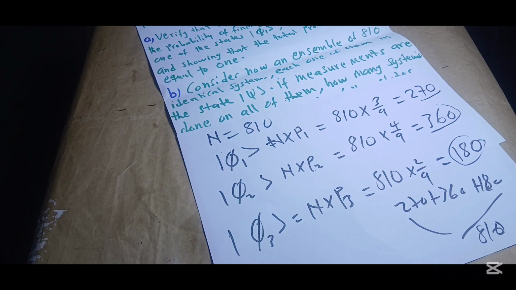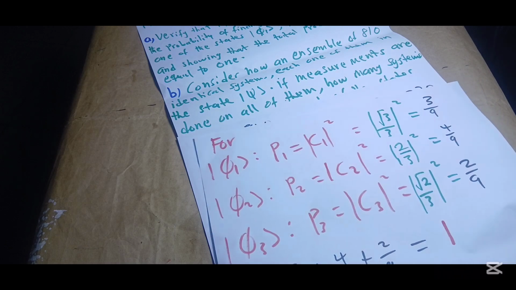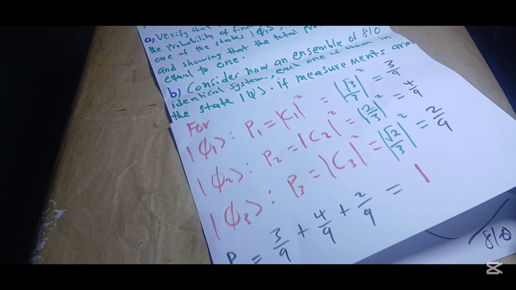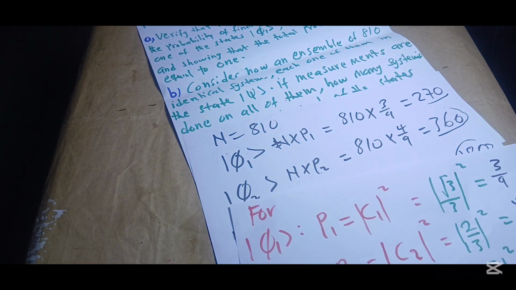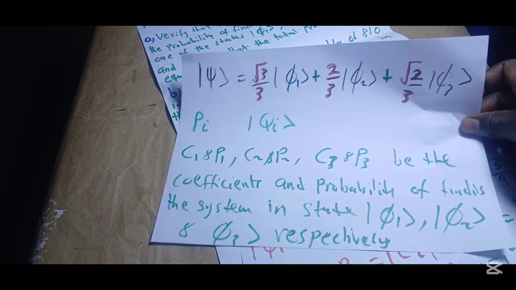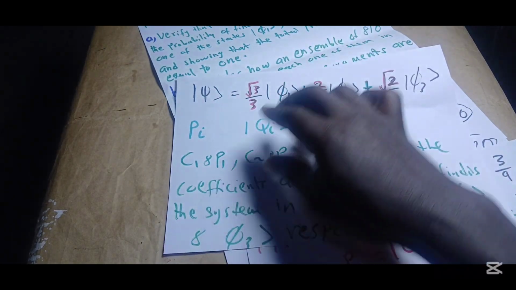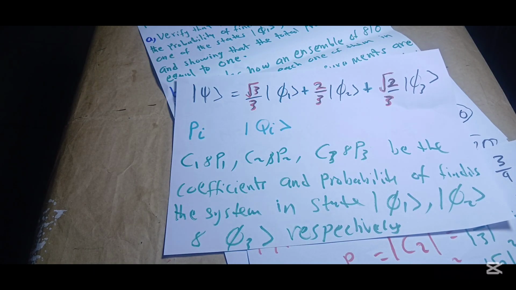So let's do a quick summary. The first part of the question asks us to verify whether the state is normalized and show that the total probability equals 1. And we've defined our terms: C1 should be the coefficient of phi 1, P1 should be the probability contribution of phi 1, and the same up to phi 3.